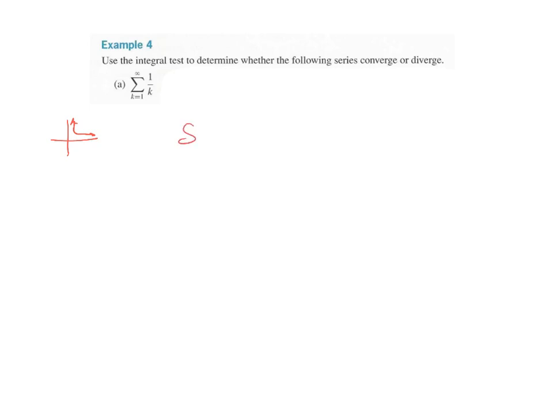So this is the limit as L goes to positive infinity of the integral from 1 to L of 1 over x dx. I was wondering if I wanted to write that as x to the negative 1, but I don't because I have a known derivative form right now. So what would this be?